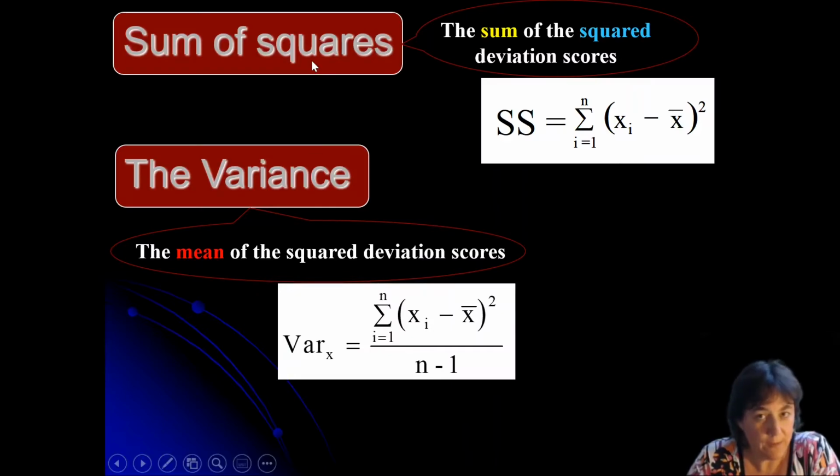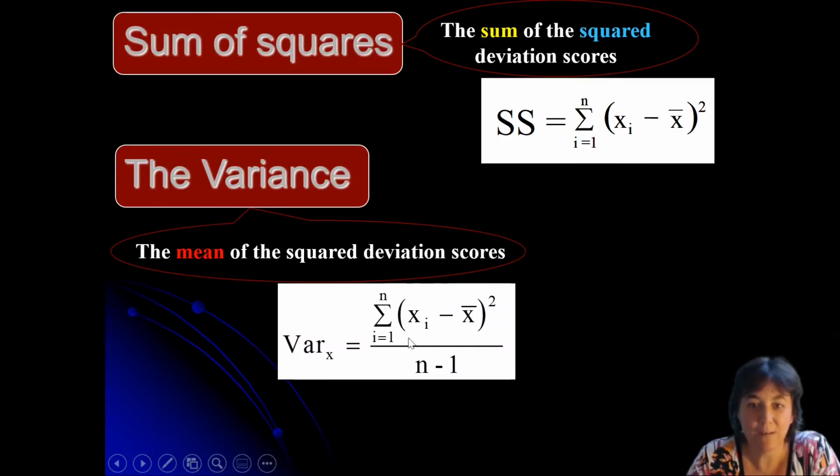Okay, if we have deviation scores, we can sum them up. So we take the deviation scores, we square them and sum them up, thus arriving at the sum of squares, which is another very important dispersion measure. We don't usually use it directly, but use it to calculate the variance, which is the mean of the squared deviation scores.